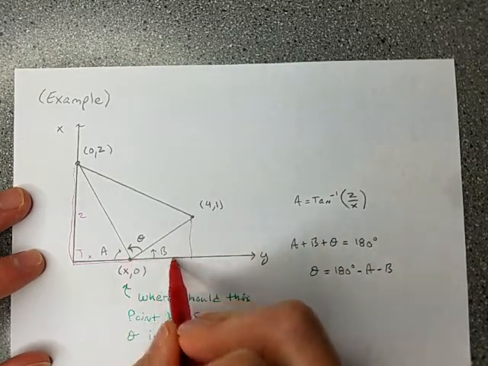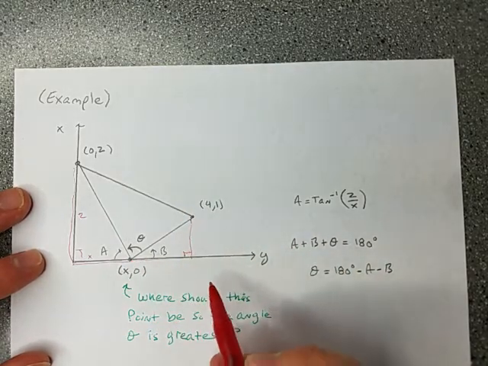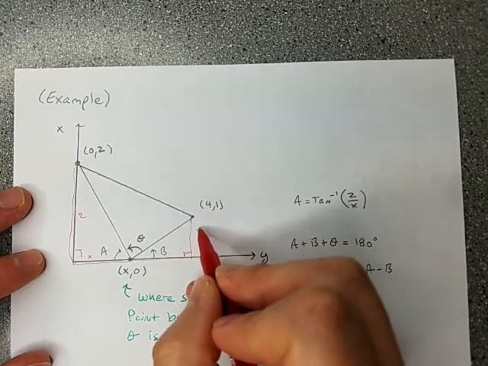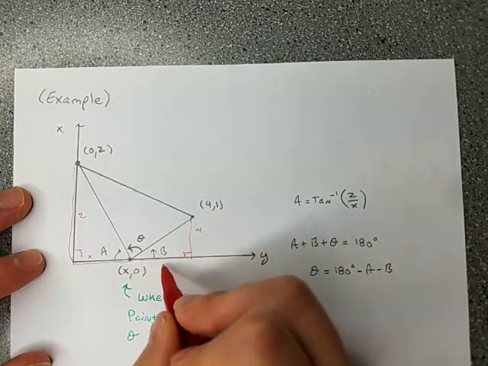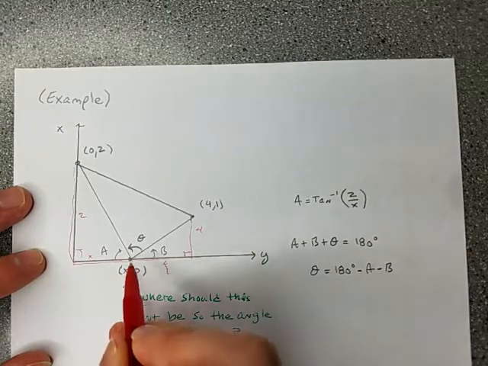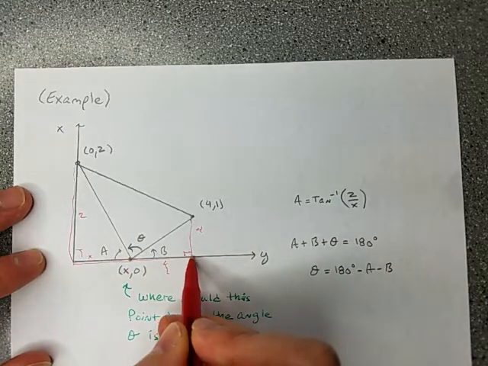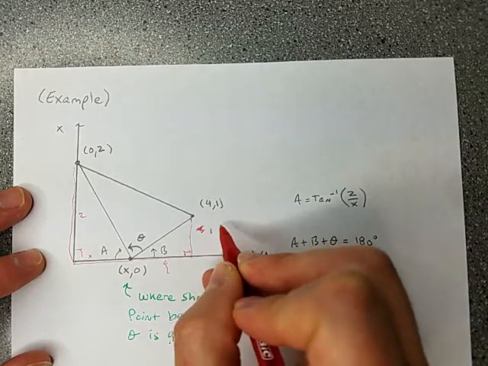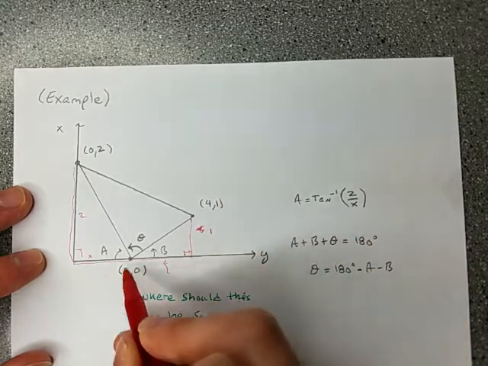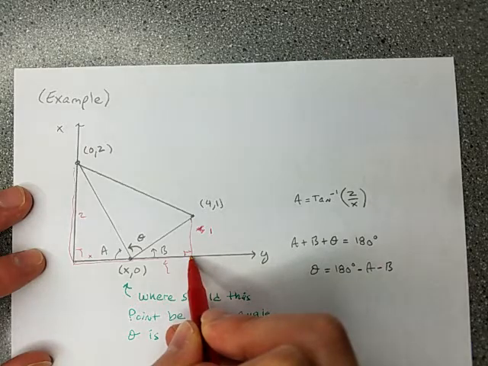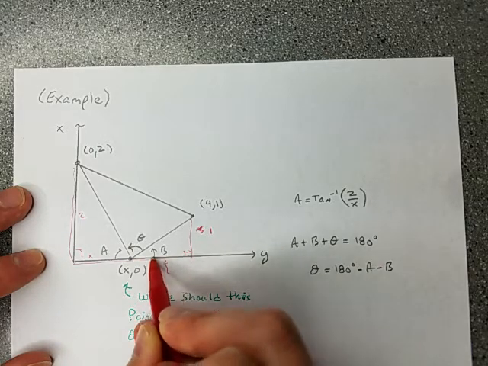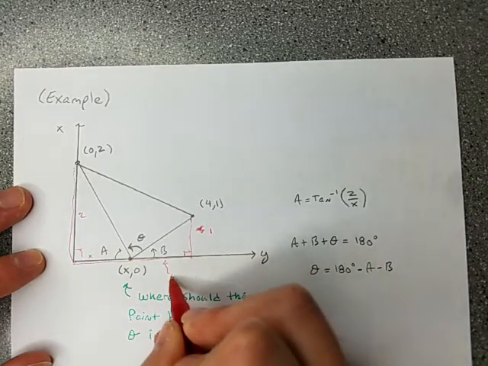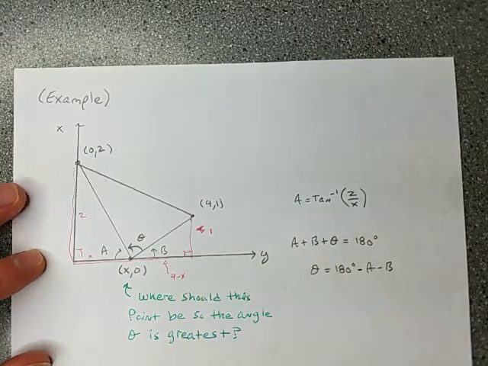Let's construct a triangle around it like that. Angle B, so this triangle, that's 1. How far over is this? That's 4. So what's the base of that triangle? 4 take away x.